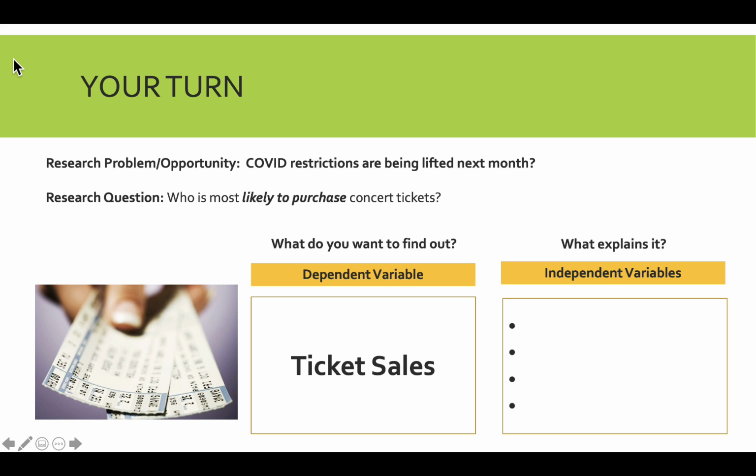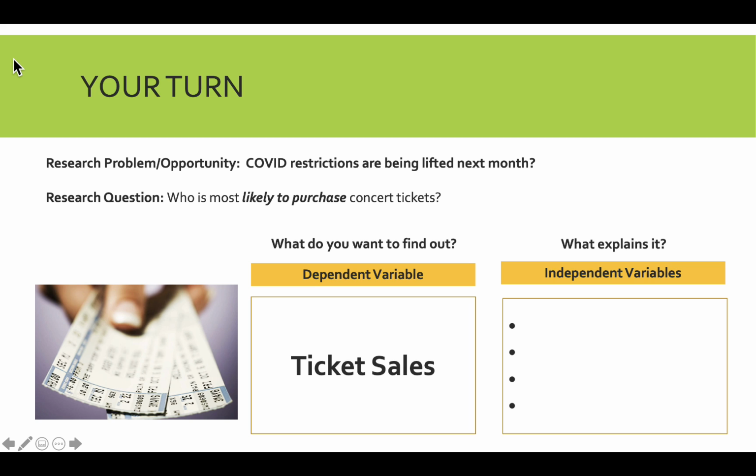What about the artist? So even though the business problem is increasing sales, or what's going to happen if restrictions are better, who's most likely to purchase concert tickets? All right.